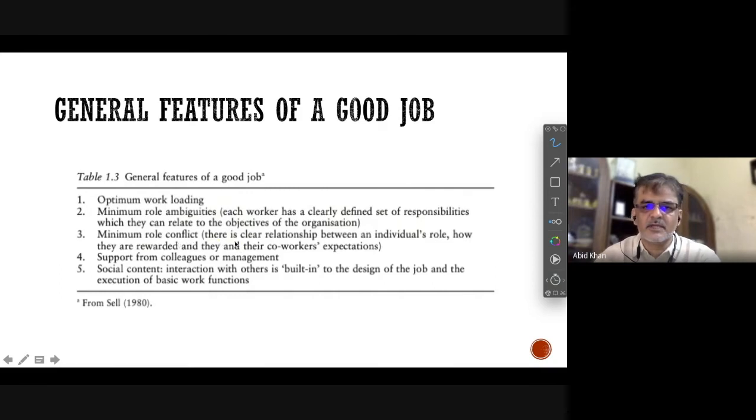Minimum role conflict: there is a clear relationship between individuals' roles, how they are rewarded, and their co-workers' expectations. Support from colleagues and management. Social contact: interaction with others is built into the design of the job and the execution of the basic work function.